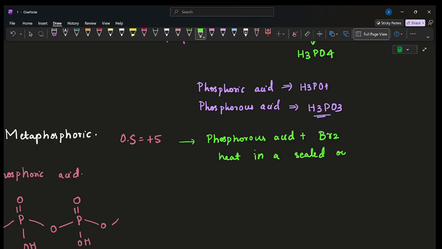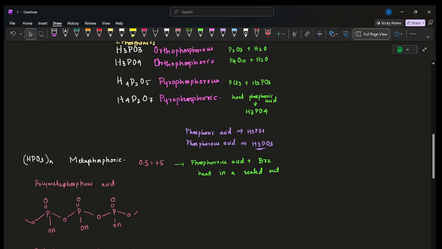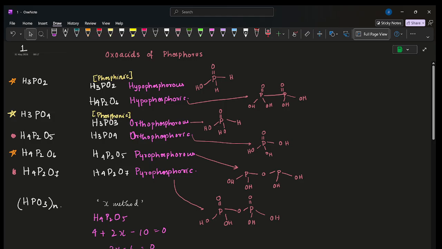See, sometimes they might just give unsealed or stuff like that. That's where you have to be extra careful. Phosphorous acid plus Br2 heated in a sealed tube. Cool, okay. We're done with the whole oxoacids of phosphorus.